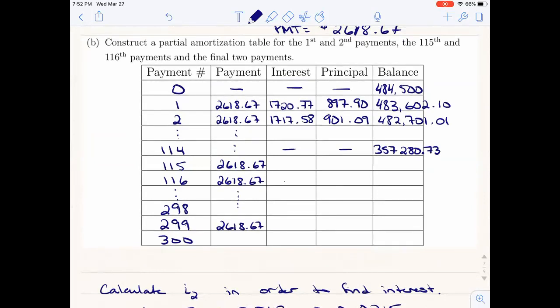Times 357,280.73. Now I'm paying $1,268.94 in interest.